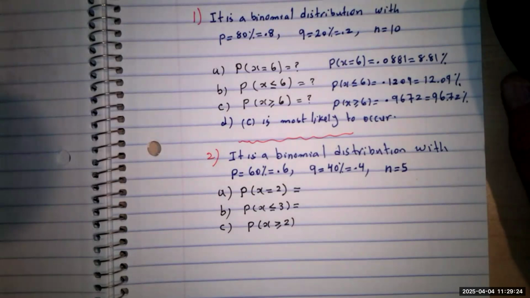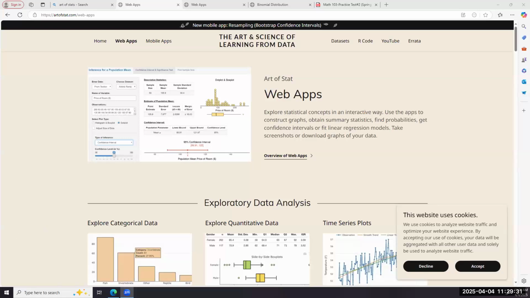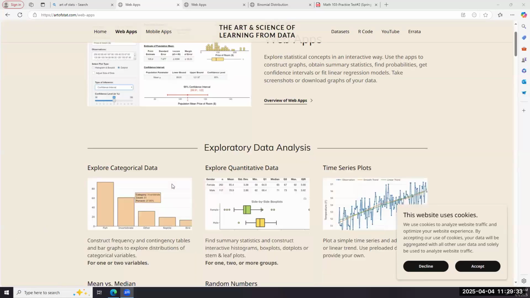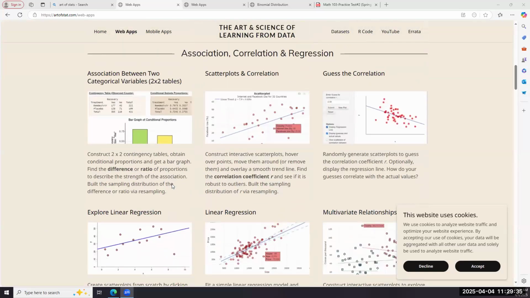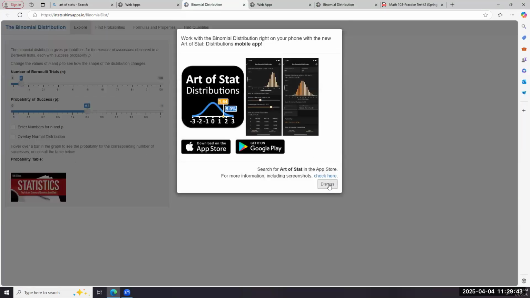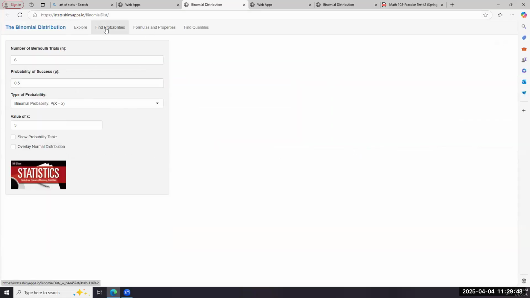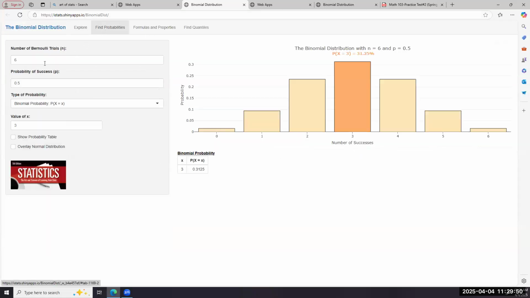So this is what we have. We're getting back to the application. You go down to the binomial distribution, and you check for finding the probability.